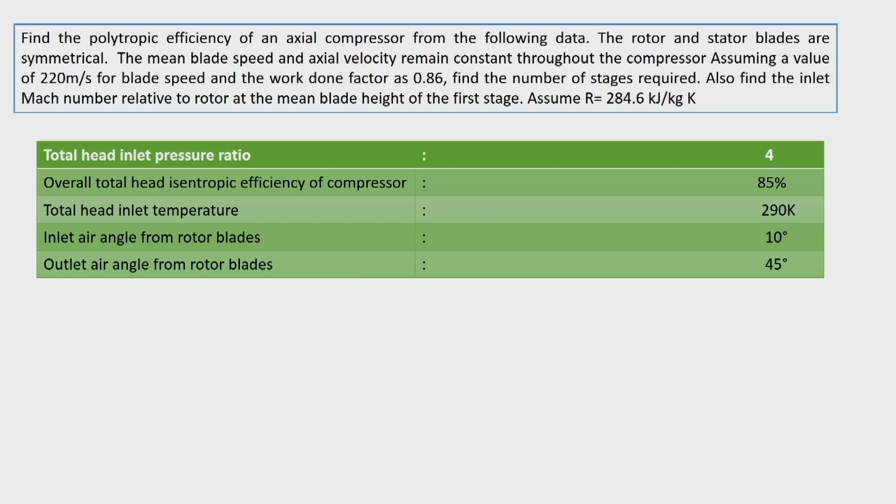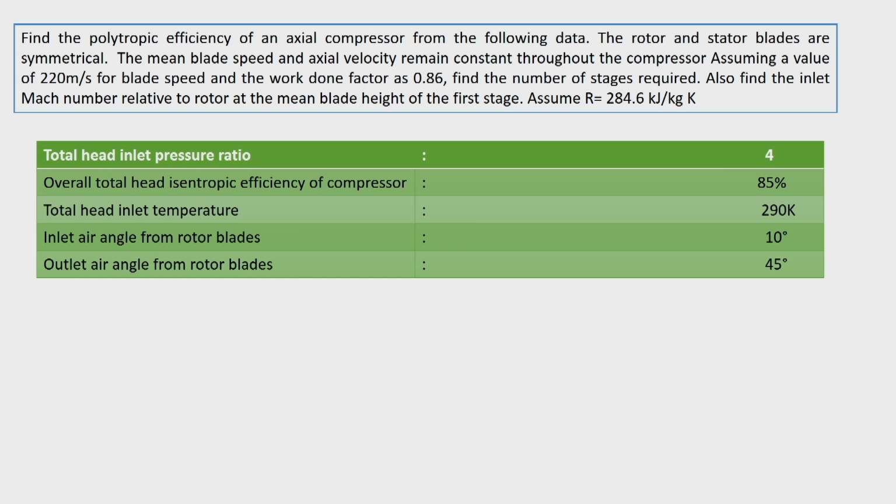Assume R to be 284.6. The given data is: total head inlet pressure ratio is 4, overall total head isentropic efficiency is 85%, total head inlet temperature is 290 Kelvin, inlet air angle for the rotor is 10 degree, outlet air angle for the rotor is 45 degree.